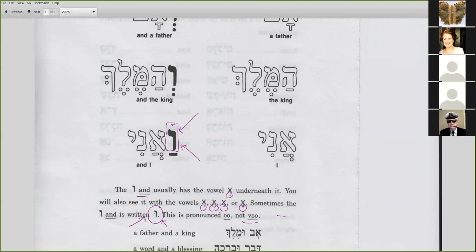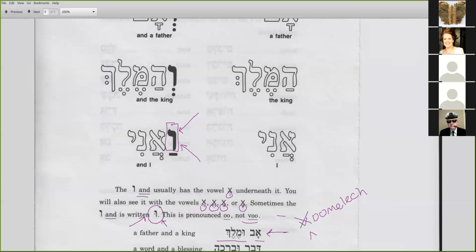So here's an example down here. Let's look at this one. Av umelach. Literally, it means father and a king. A father and a king. Notice it's pronounced u-melech. There's no V there.